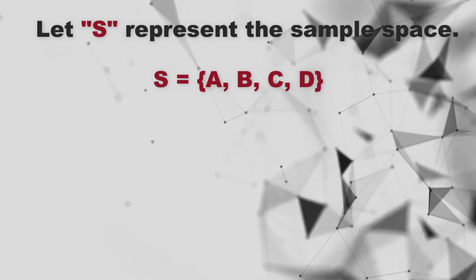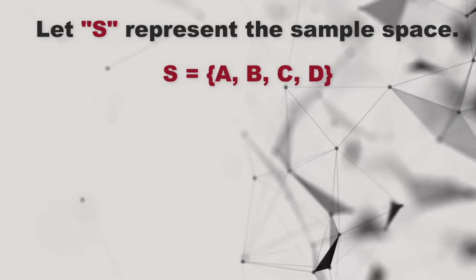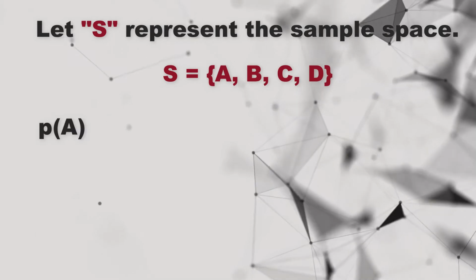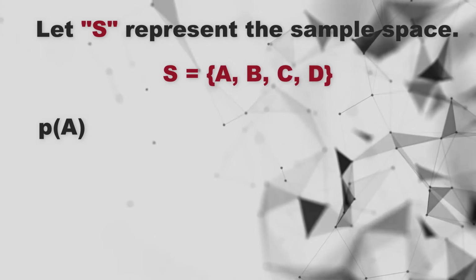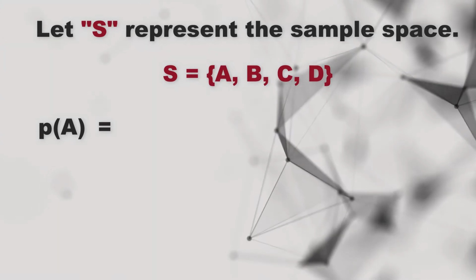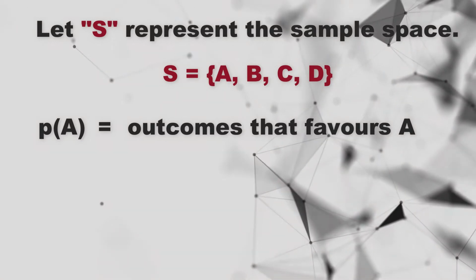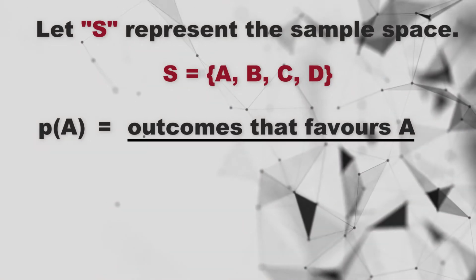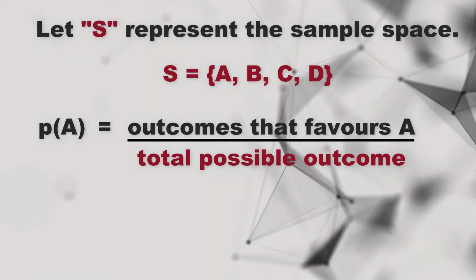Now, the mathematical formula that defines the probability that event A will occur is denoted as P(A). Mathematically, we have that P(A) is equal to the number of outcomes in this experiment that favor event A divided by the total number of possible outcomes of this experiment.